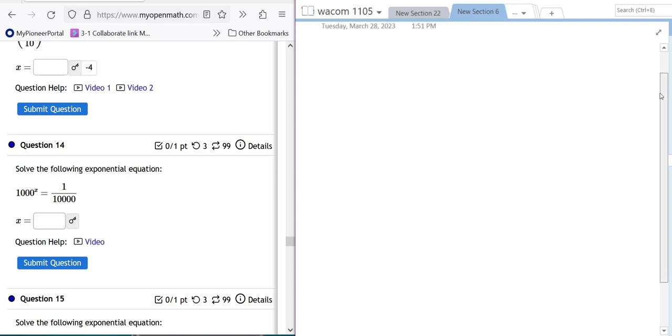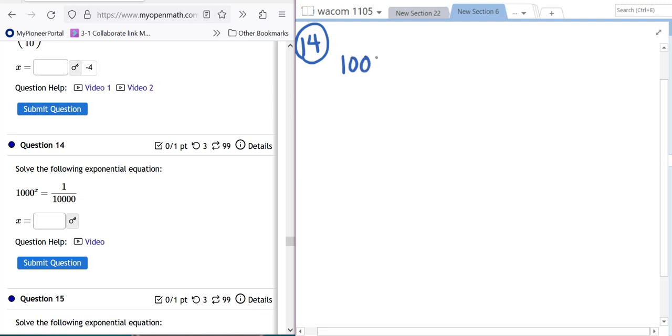And this one, I was not looking at it closely enough the first time I looked at it, and these amounts of zeros are not the same. Okay. So I was just saying this is to the -1, but that's not true because this one has 3 zeros and this one has 4 zeros.